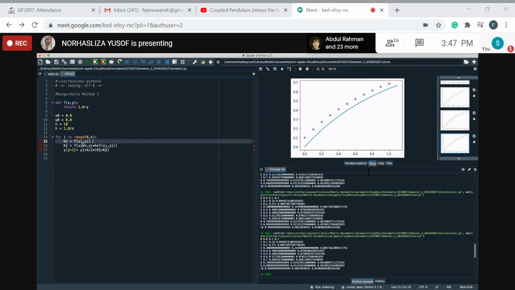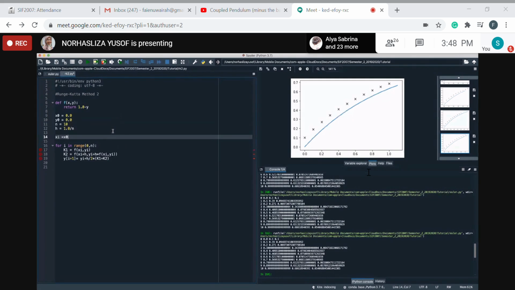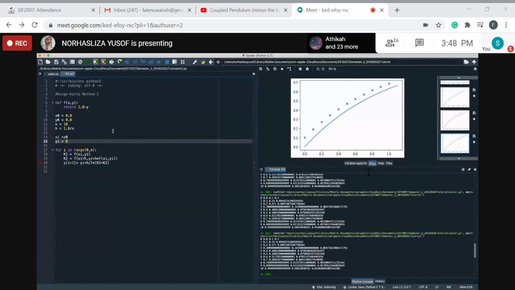Okay, it's still complaining because we have xi and yi, right? If you want to retain it like this, another trick is you can put xi equivalent to x naught, and y naught.